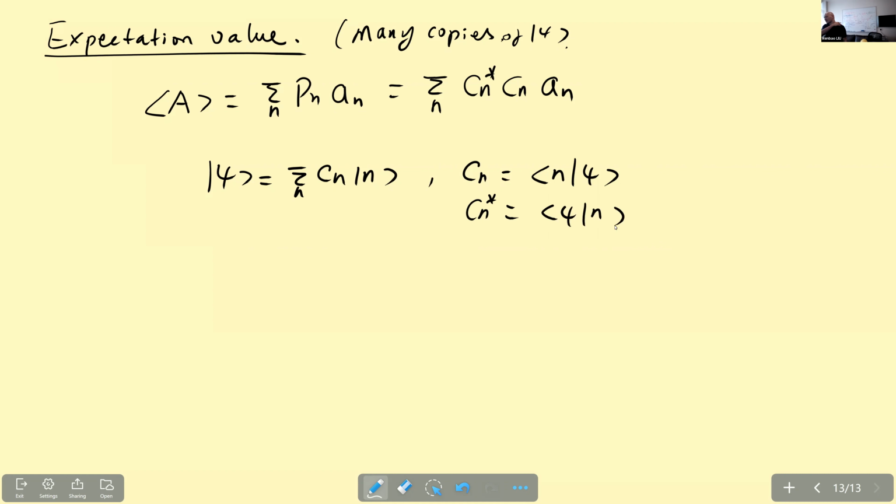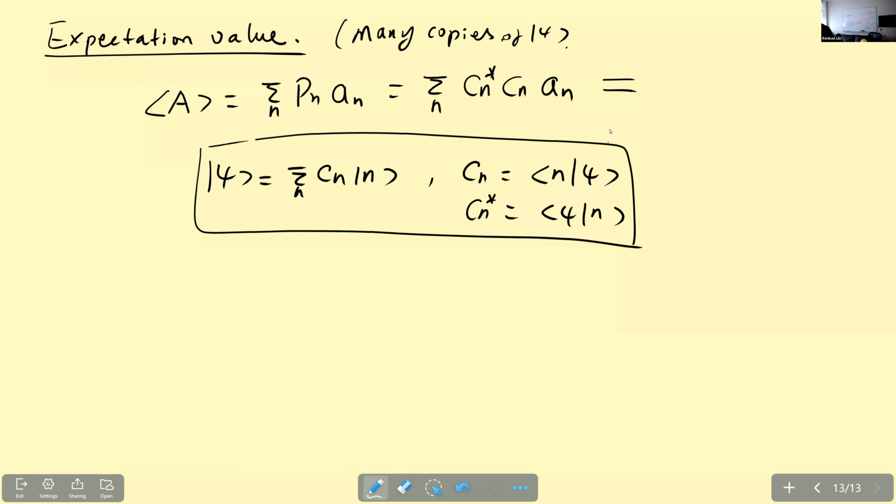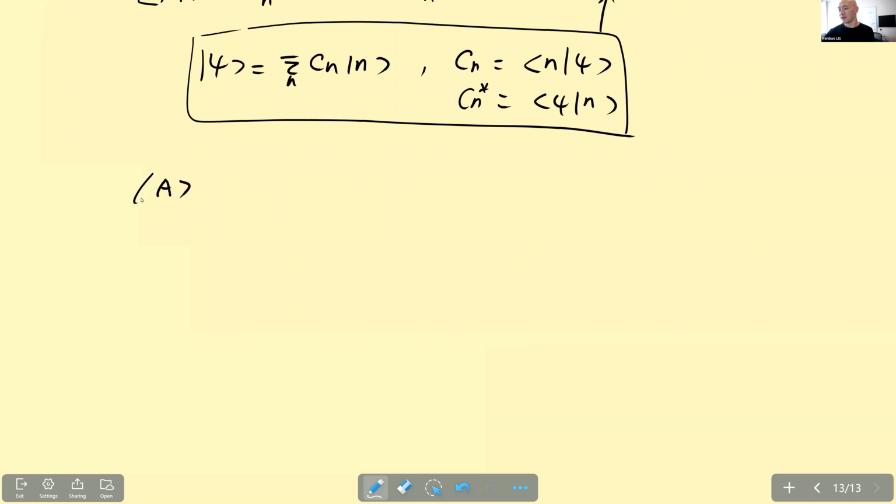So now let's do some exercise of the Dirac notation. Let me copy this one again. A equals the summation of <psi|m> a_m <m|psi>.